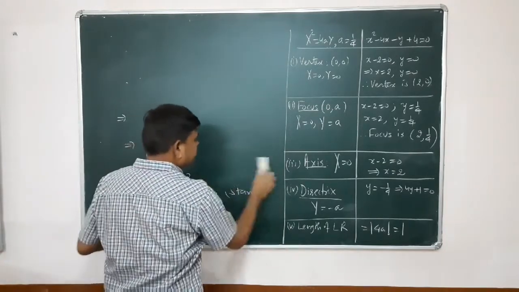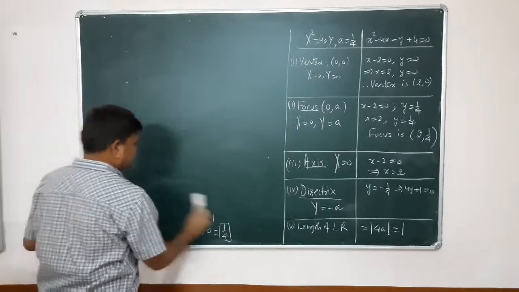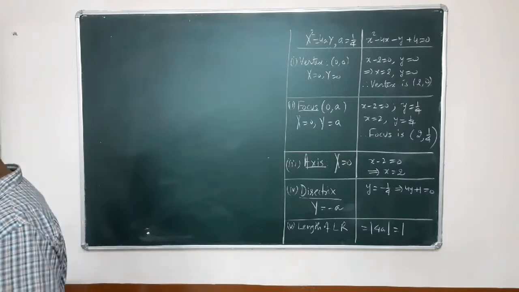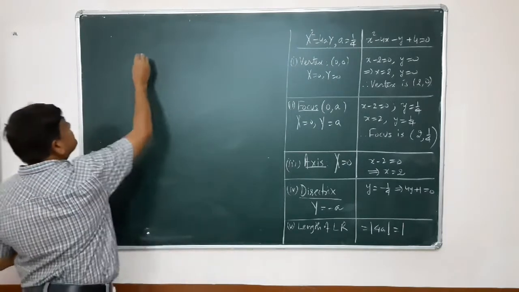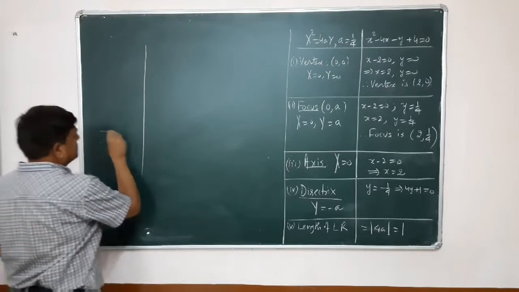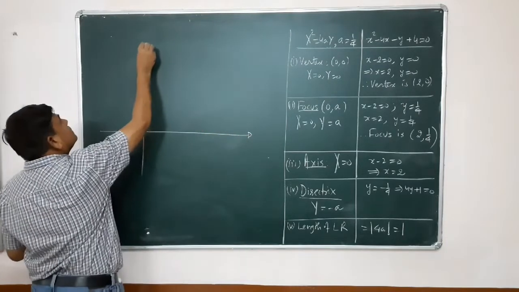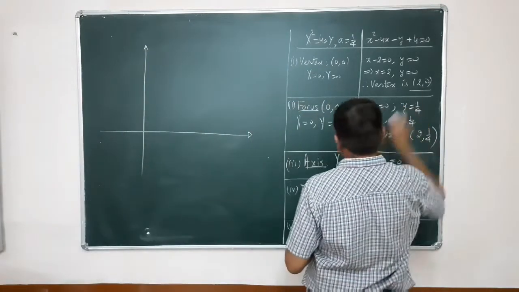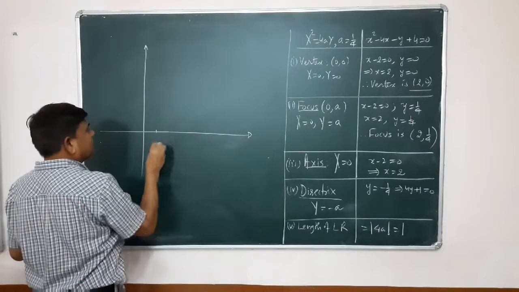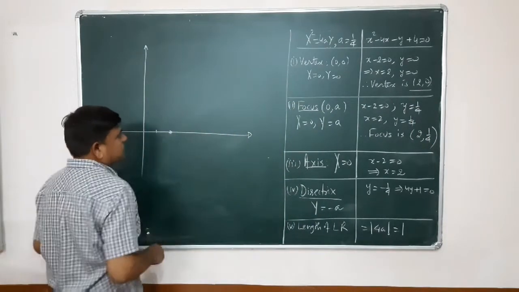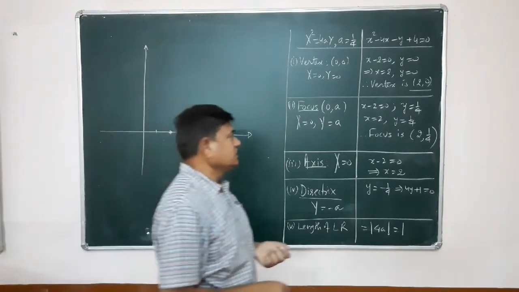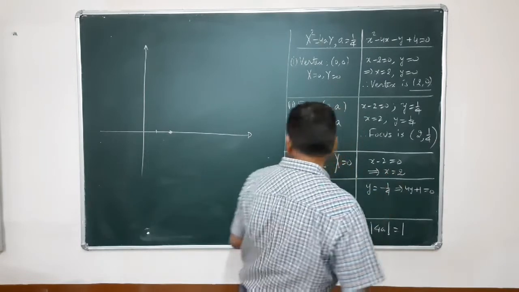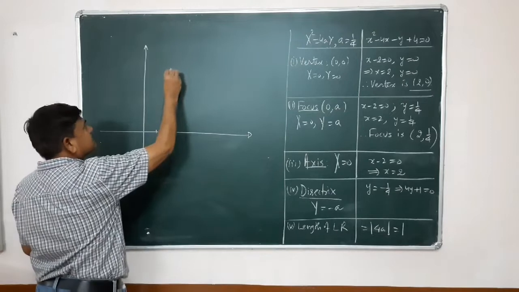Let us draw the graph of this. Vertex 2, 0, 1 here. Then its axis is x equals to 2 line. It's better to draw the axis first.